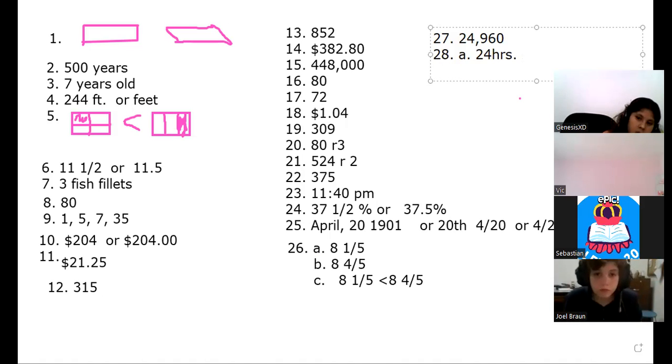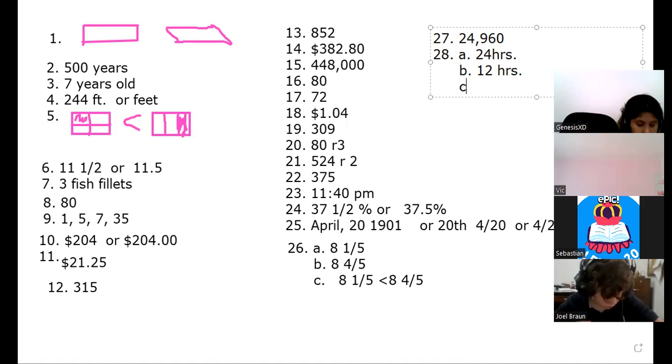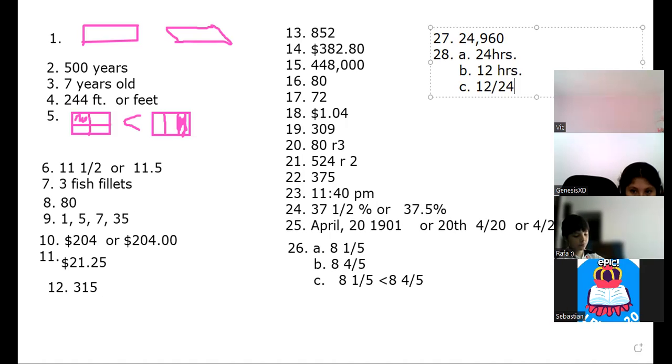Okay, but B should be 12 hours. And C, you needed to show a fraction that puts that as equal to half. So you needed to put 12/24. Okay, 12/24. If you did it the other way around, then it is not correct because that would not be half and it would be an improper fraction.